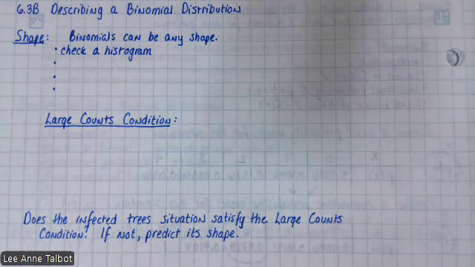These are all binomial distributions. They gave you the number of trials and the probability of success on each one. So the top ones have 10 trials, and then notice the probability of success increases as you go across. And the number of trials increases as you go down.